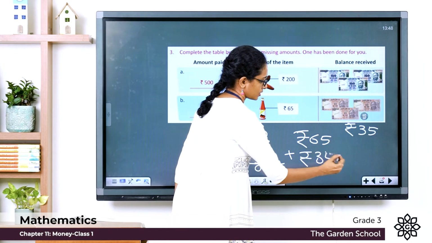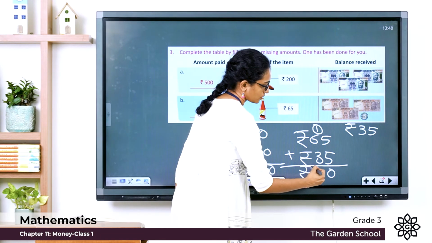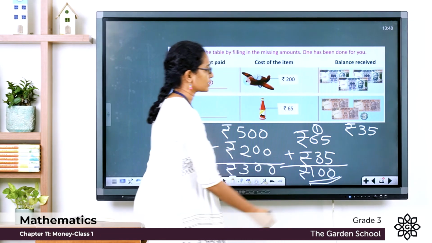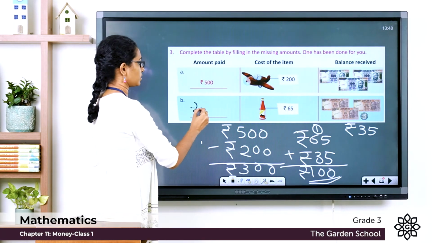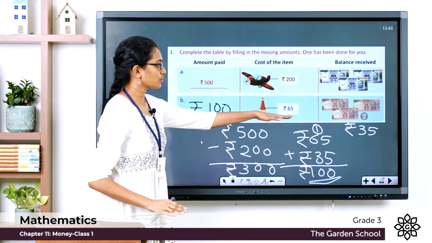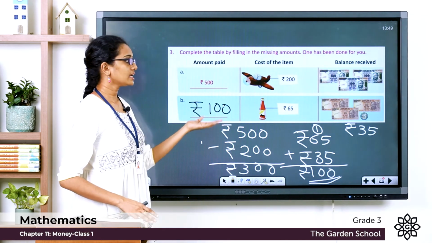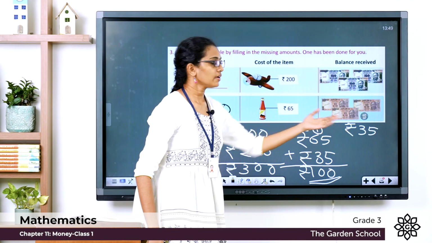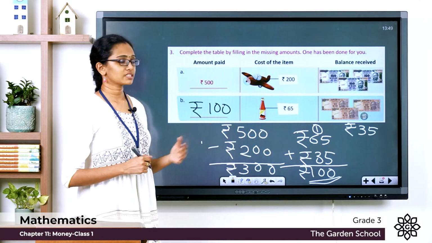So that would be equal to a total amount of rupees 100. So here the amount paid will be equal to rupees 100. So the cost of the item here was only rupees 65. The buyer paid rupees 100 and he got rupees 35 as the balance amount. So I hope you're clear with these two questions.